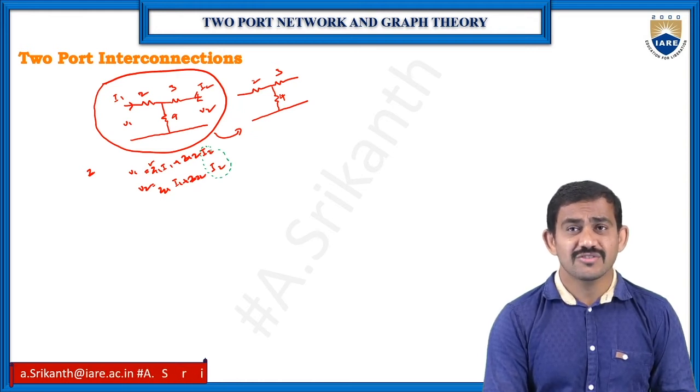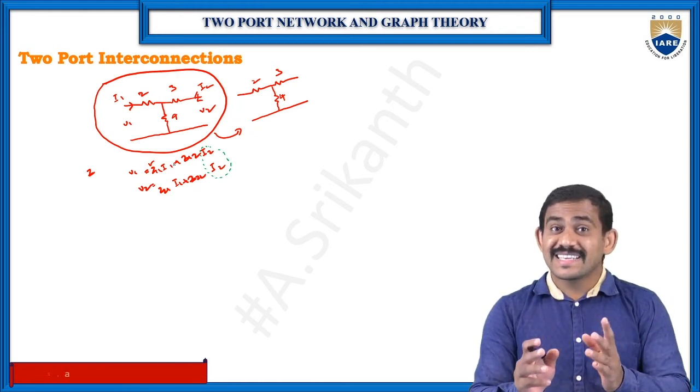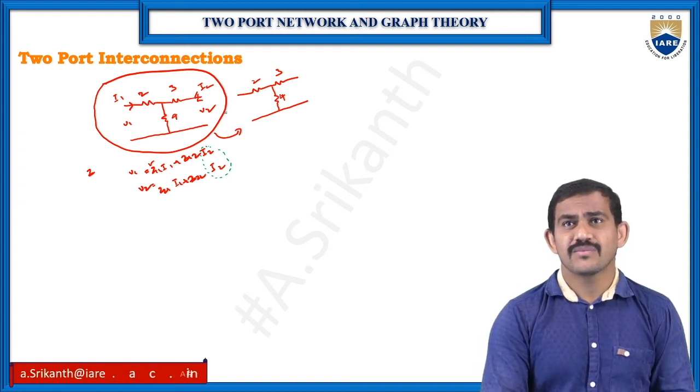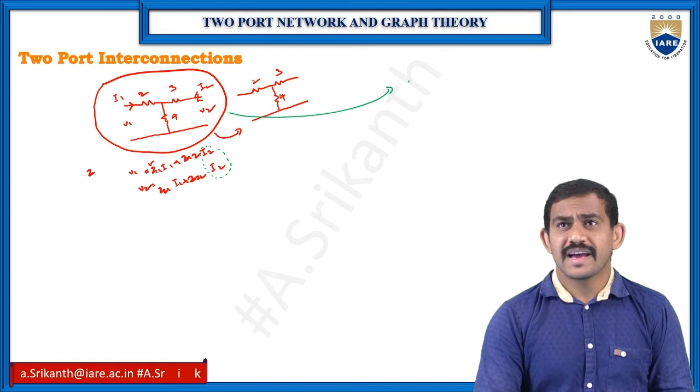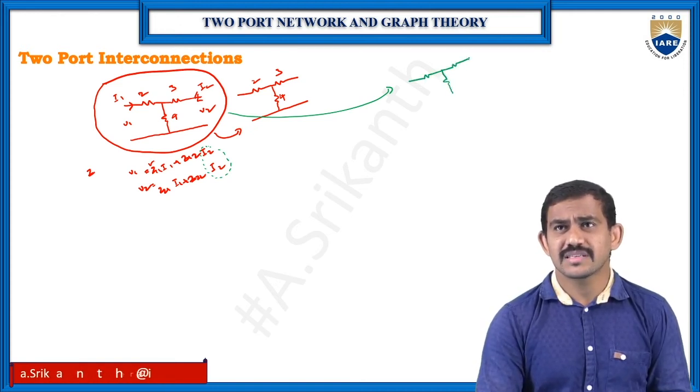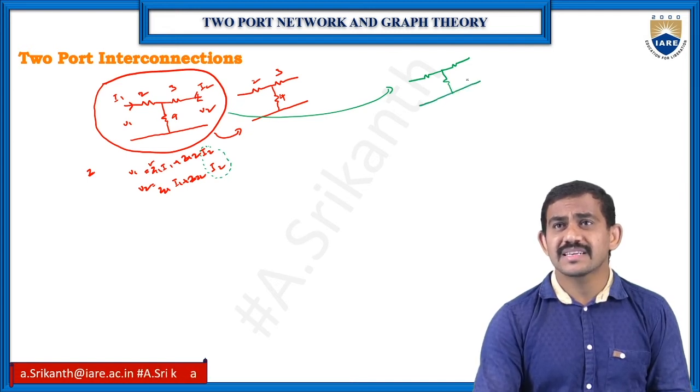I2 is 0 means the secondary side is open. For this network, I have the 2 ohm resistor, 4 ohm resistor and 3 ohm resistor, with the secondary side open.